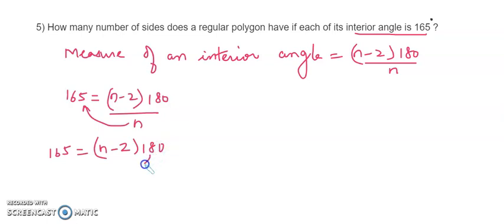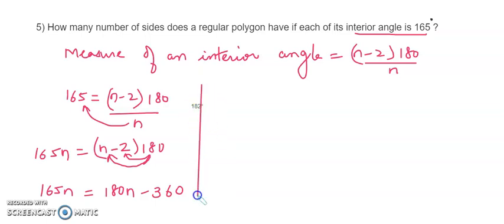I'm going to multiply this. Sorry, there is an n mistake. Let me just put that: 165n. Yeah. Now I'm going to multiply this 180 to this n and to the 2. Okay. So it becomes 165n is equal to 180n minus 360. Right? Next, what will happen?